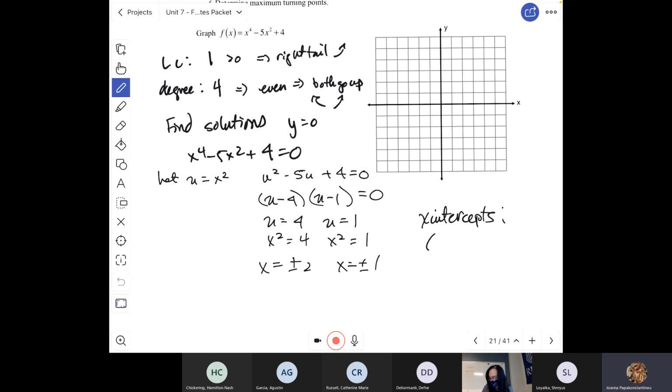And how many solutions was I supposed to have? 4. Although they don't have to be 4 unique ones, right? We could have multiplicity higher than 1. Okay, so I have 4 roots, 4 solutions, 4 x-intercepts.